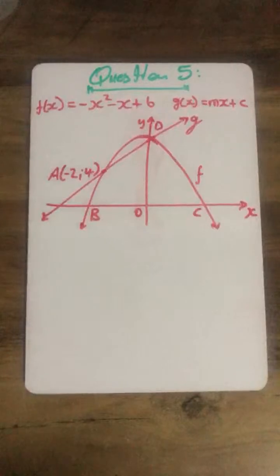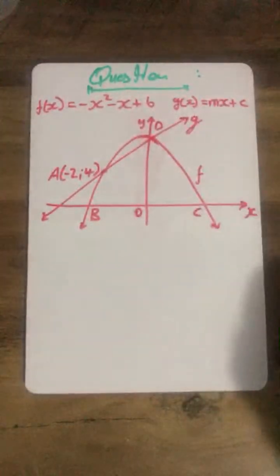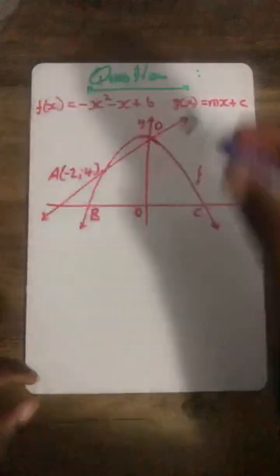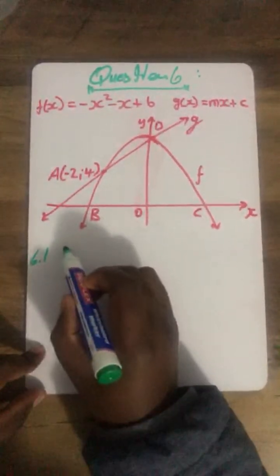So now let's see. Question number 6.1 says determine the x-intercepts. So that means what they want you to determine is the x-intercepts.